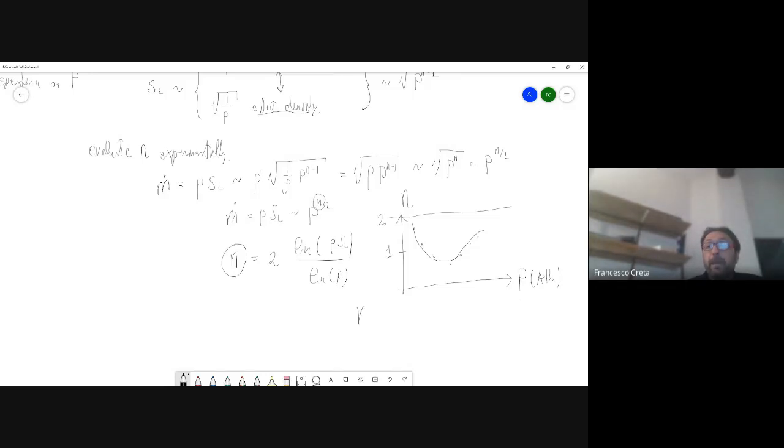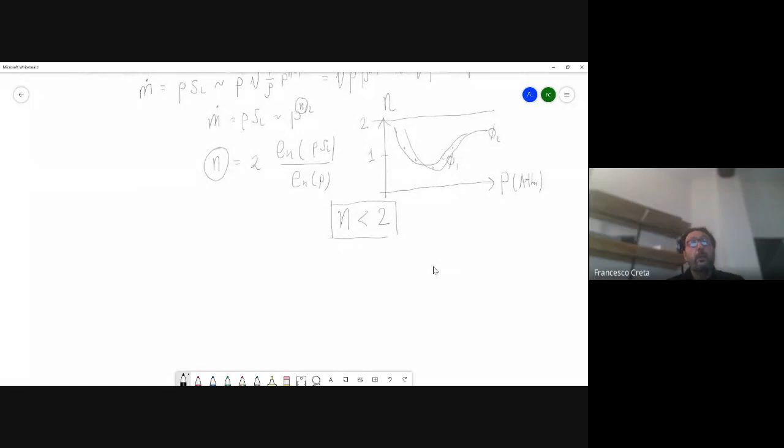So the main experimental result is that the reaction order is always less than 2, even if we change the equivalence ratio phi. It's always less than 2. And if it's less than 2, it means that the general result is that SL decreases with pressure.